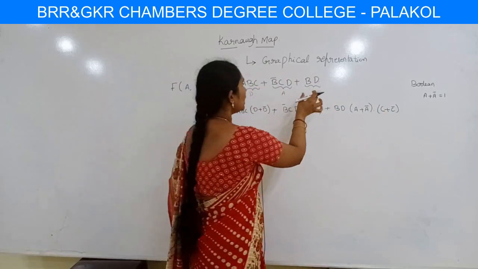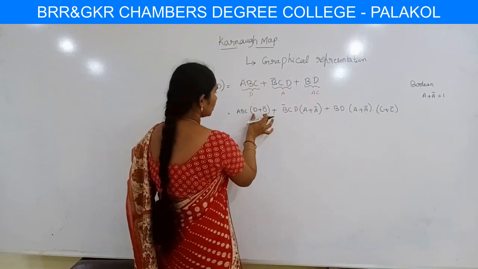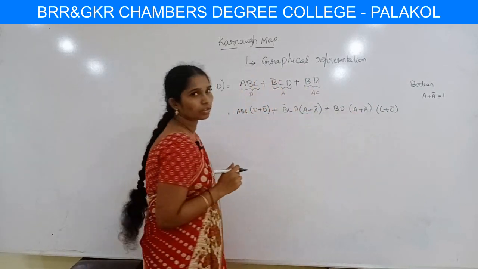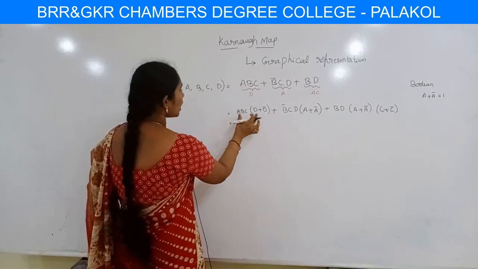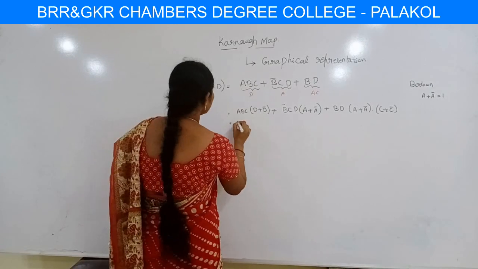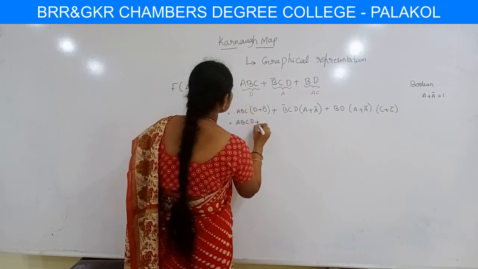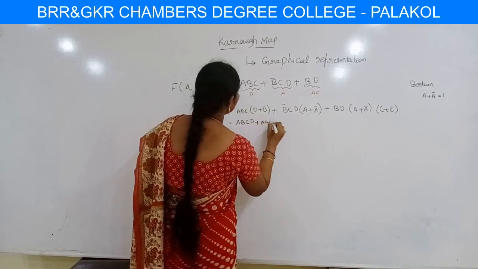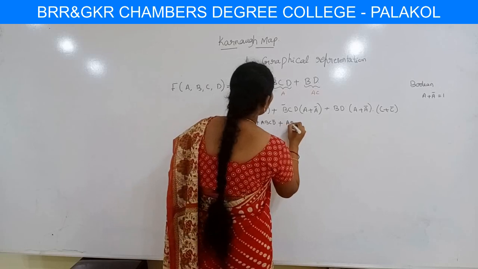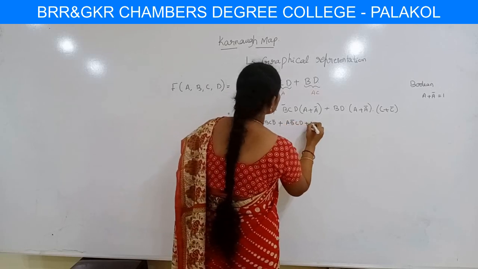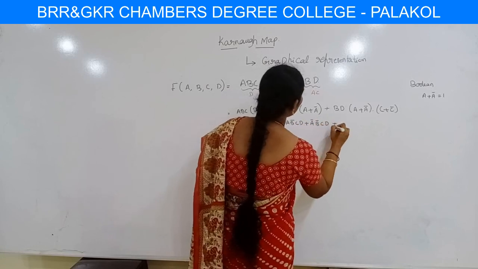So the missing terms I write like this, and next we have to multiply. That is ABCD plus ABCD bar, and after that AB bar CD plus A bar B bar CD.